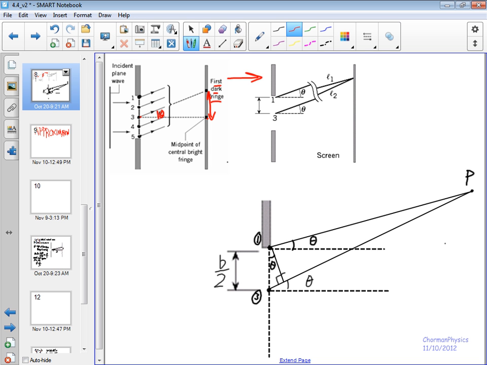What I've done is draw a right triangle in here, using point 1, the line segment between 1 and 3, and the 2 rays that are going to P. Now, again, this is an approximation, so these 2 thetas we're saying are equal, even though we know that they're not.